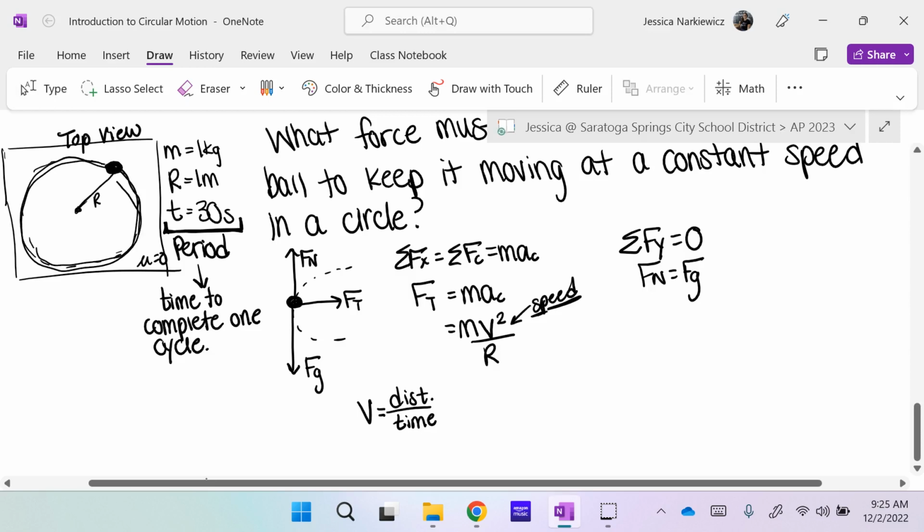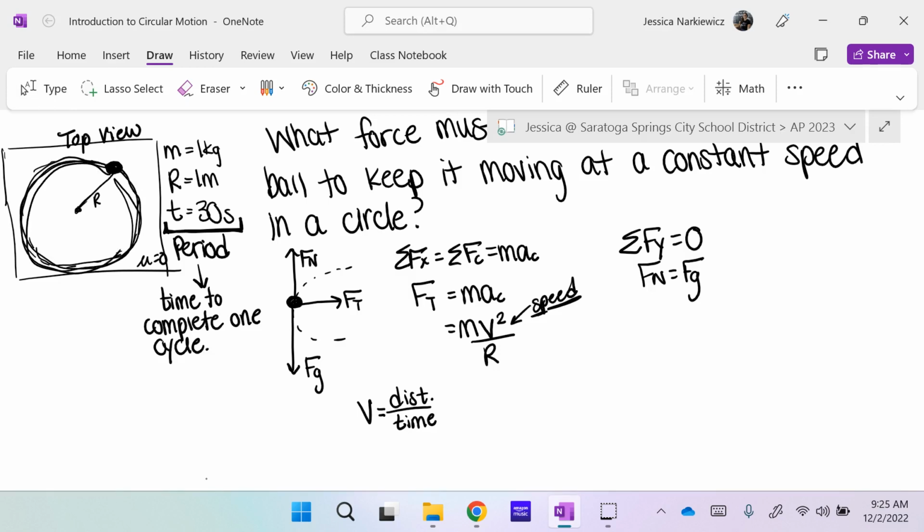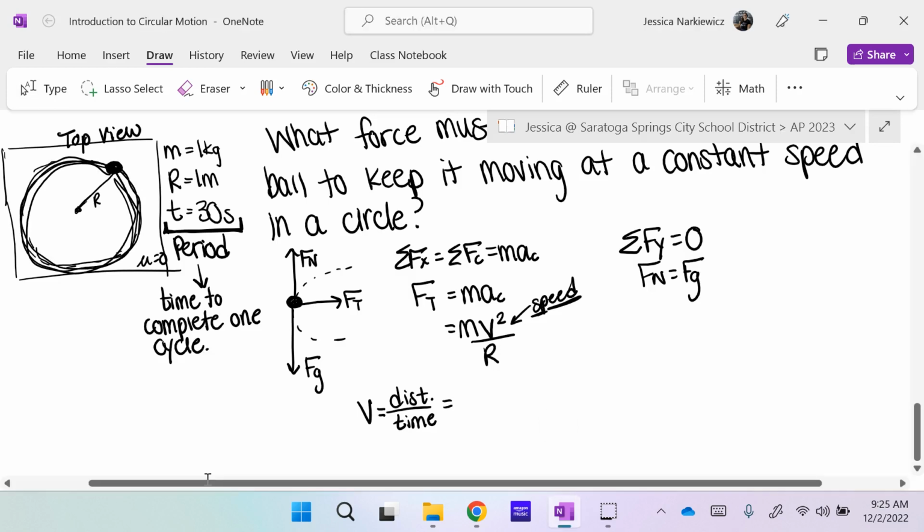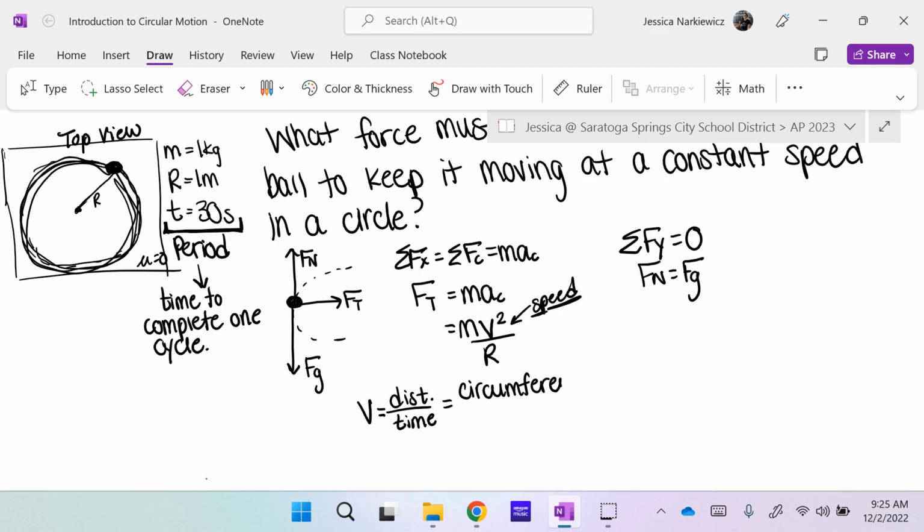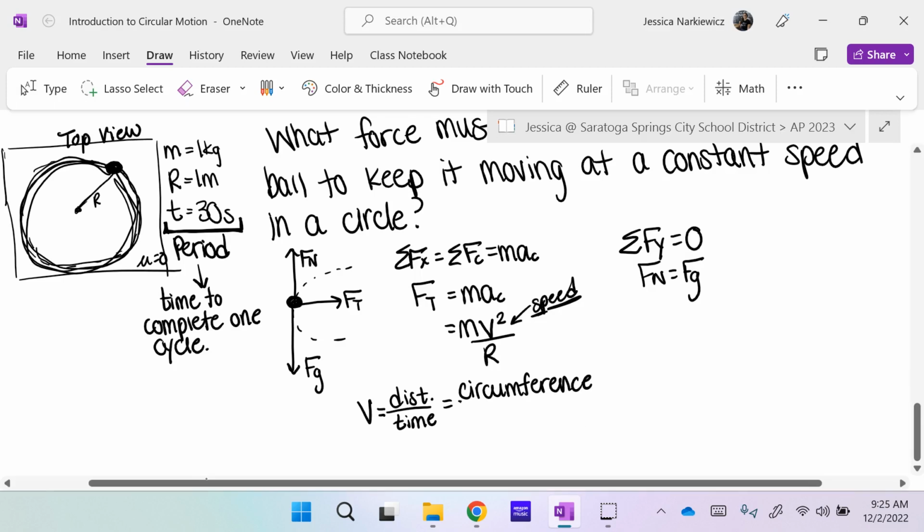So I need to figure out what this distance around a circle is. And that distance has a very special name. If you think back to geometry, it's called the circumference. That's the distance around the circle. And we already talked about how the time to go around a circle is called the period. So I can find the speed by doing the circumference over the period.